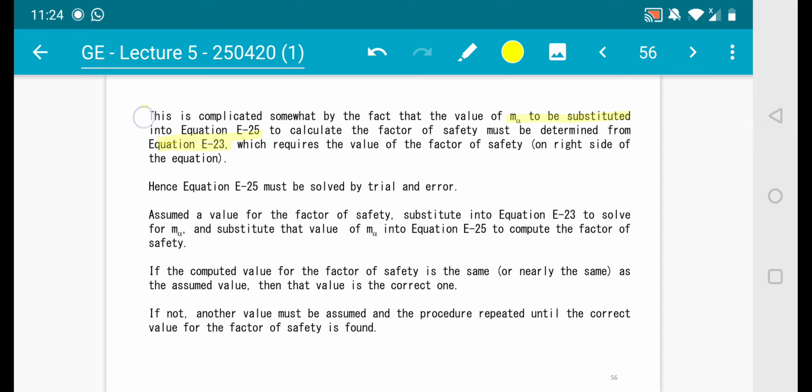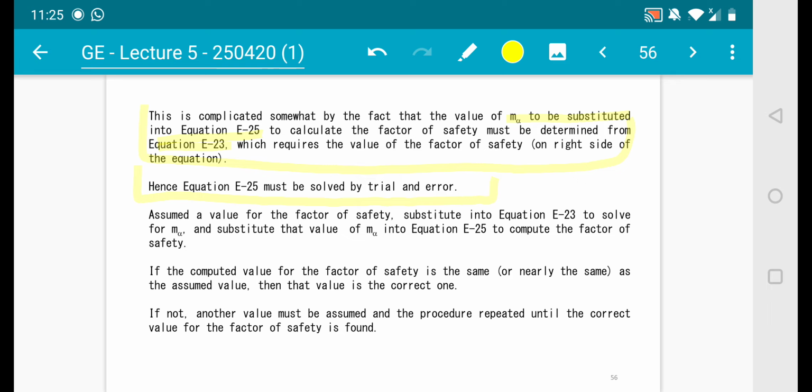Based on this statement, equation E25 must be solved by trial and error. This is the first step: assume a value for the factor of safety. Let's say I assume a factor of safety of about 1.